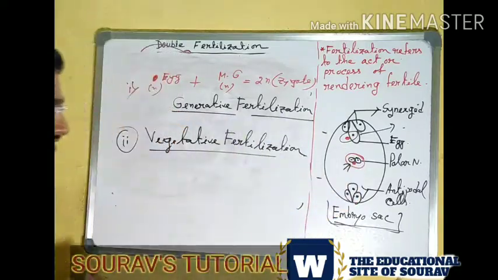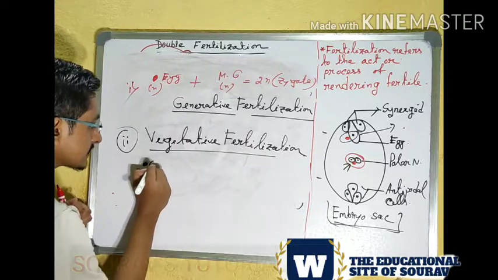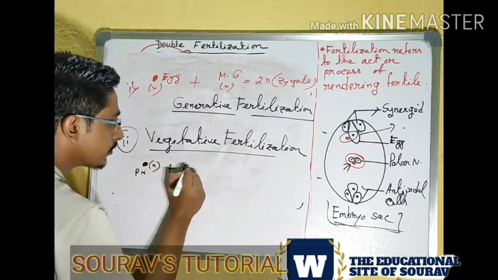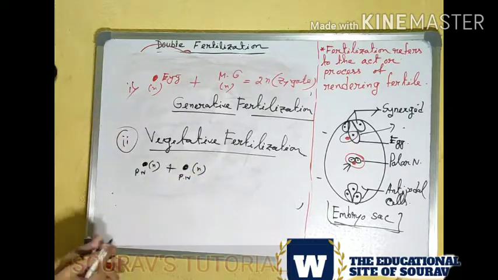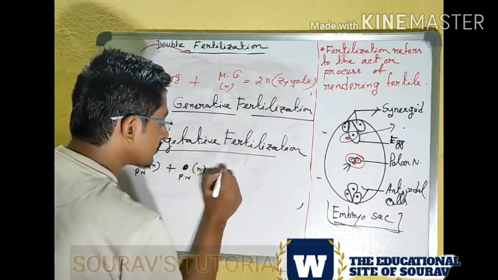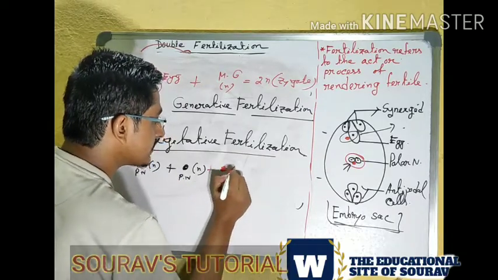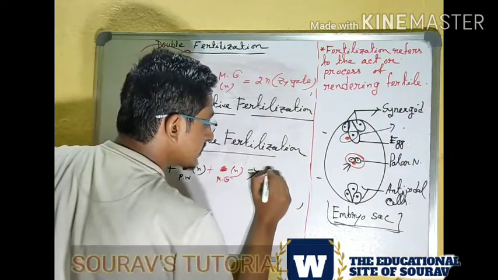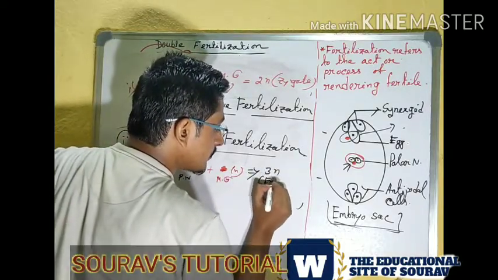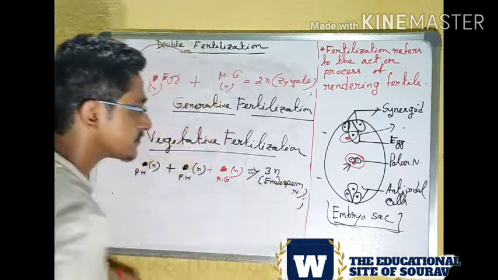That means one polar nucleus, that is N, second polar nucleus, that is also N, and there is another male gamete, that is also N. And it will create a 3N, that is the endosperm nucleus.